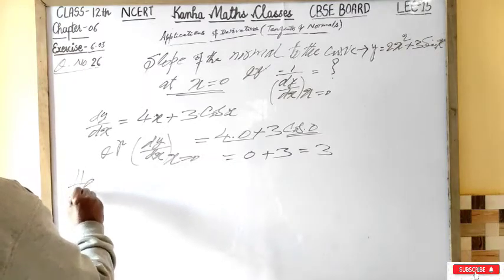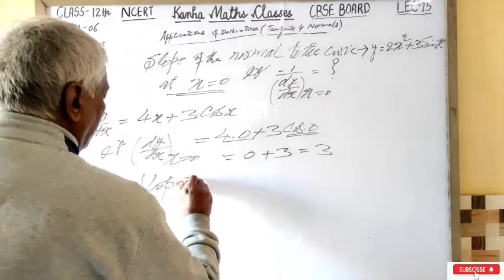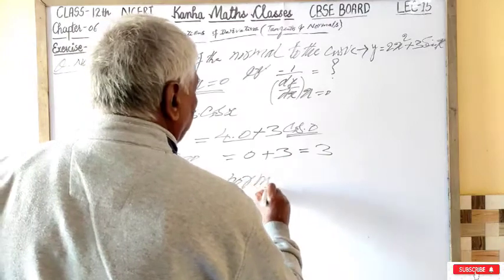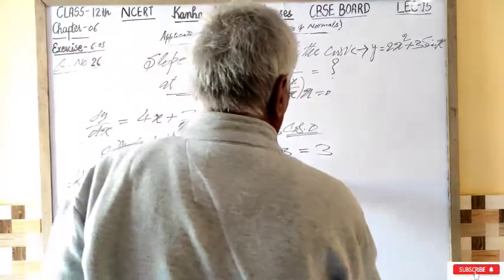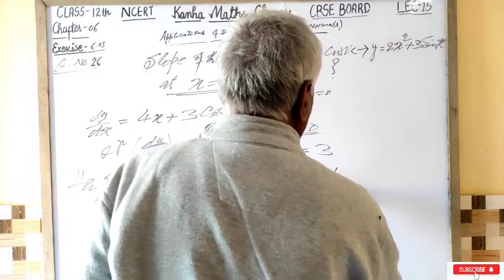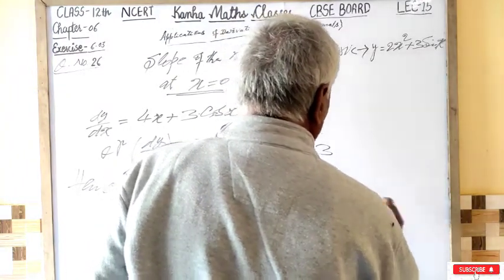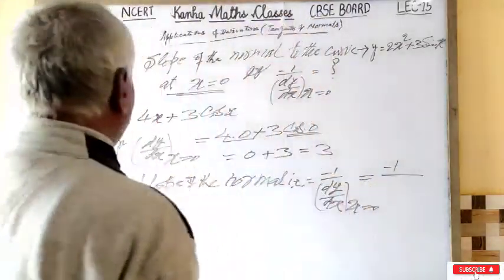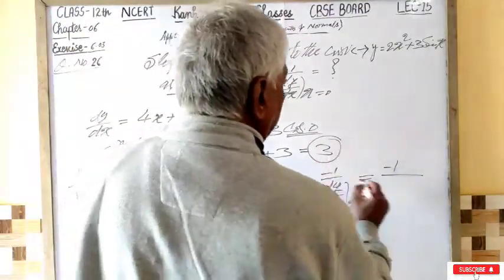Ultimately, you have to find the slope of the normal. Hence, the slope of the normal is minus 1 upon dy by dx at the point x is equal to 0, and dy by dx at the point x is equal to 0 is 3.